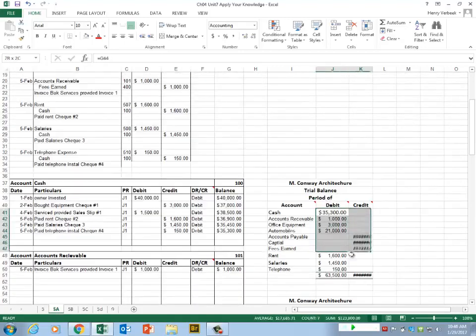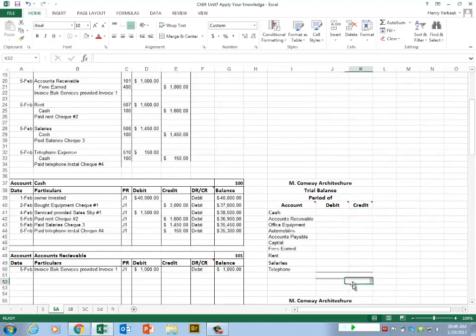Now, the trial balance. We're going to just redo this trial balance so that you get a sense of how to do it. We could type the numbers in by just looking at it here, but when you find a mistake and then you go back and correct the mistake, it makes a lot more sense to actually just use cell references. So if I go equals, click on there. And if we pay attention to this, we know that it goes in this column.